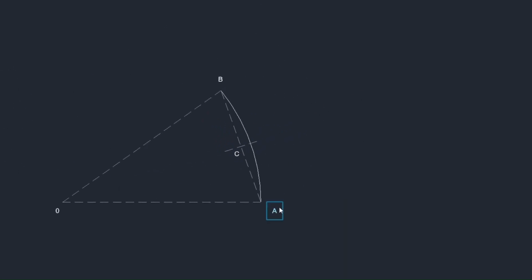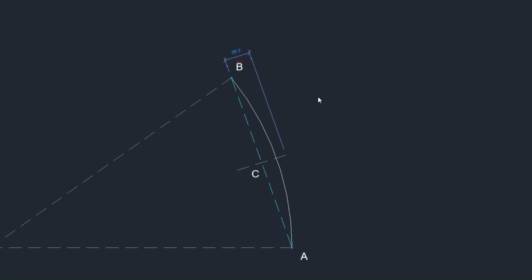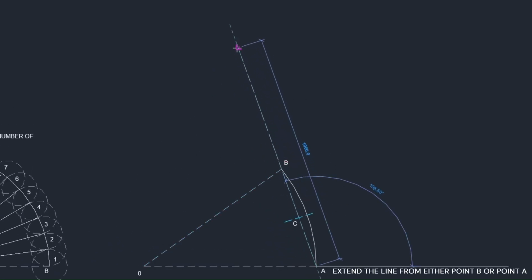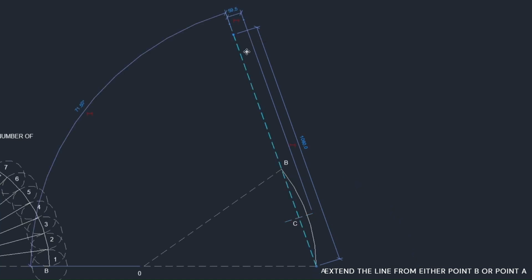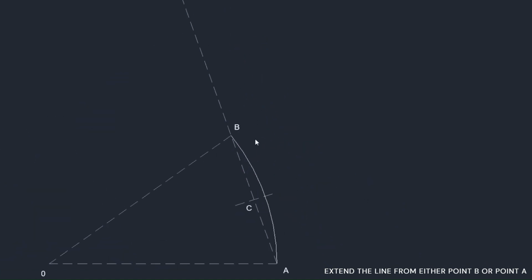Now, what you're going to do, just like in the last video lesson, it's exactly the same. We'll go ahead and extend the line. You can extend it on either side, it doesn't really matter. I'm going to extend it this way.